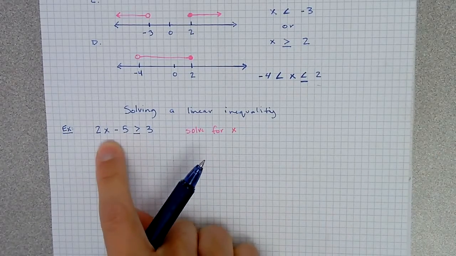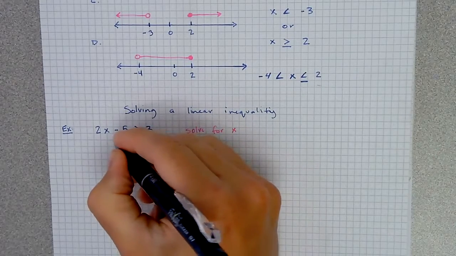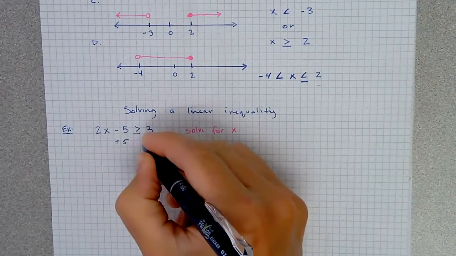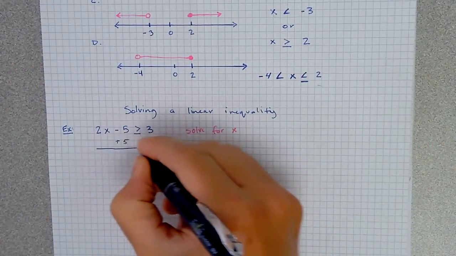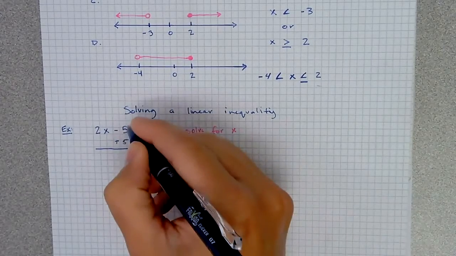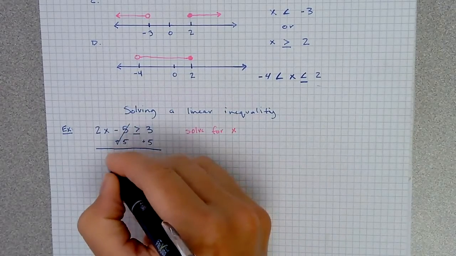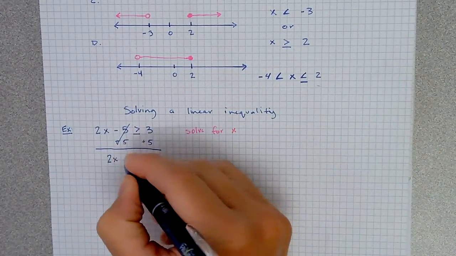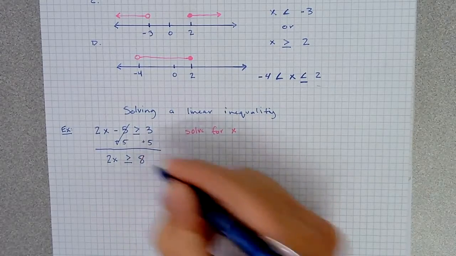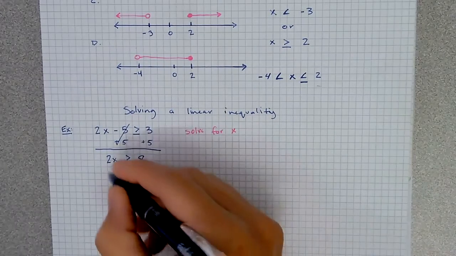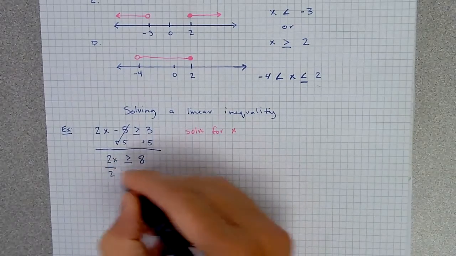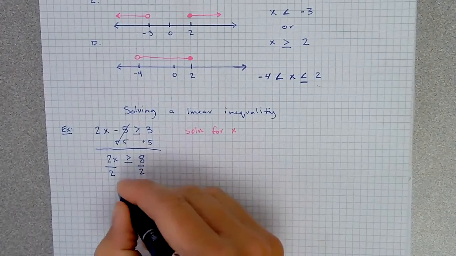So if we want to get x on a side by itself, going to add 5 to both sides. We're going to divide both sides by 2.